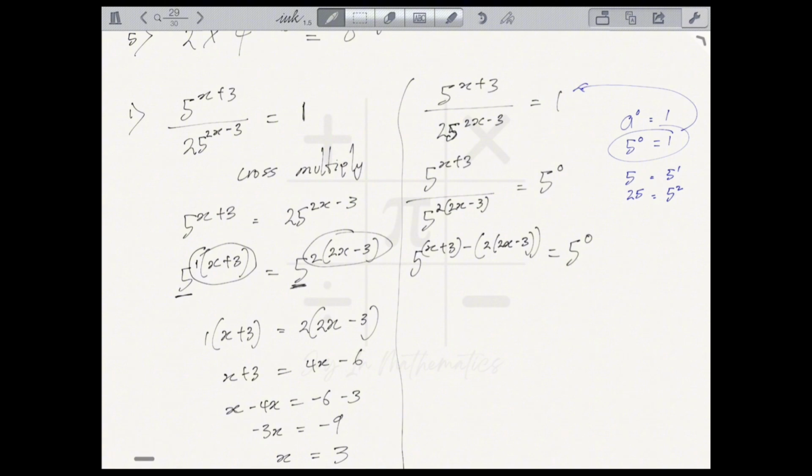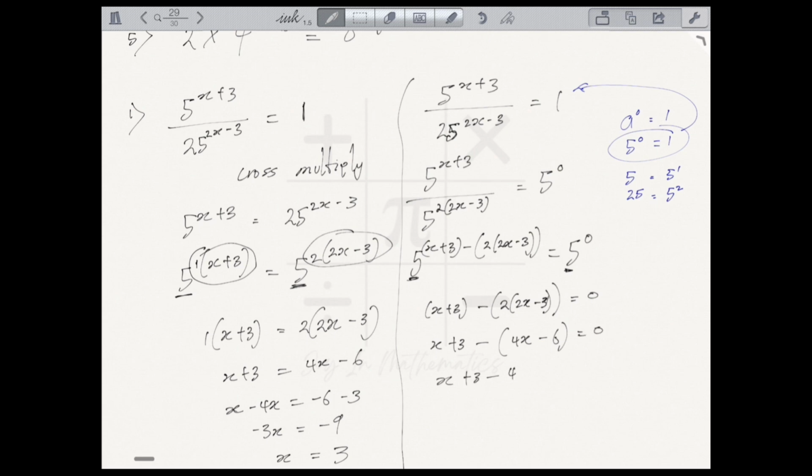Now with that done, we have the same base, 5, 5. Therefore we can equate the powers. So the power says x plus 3 minus 2 into 2x minus 3 is equal to 0. So let's simplify now. We have x plus 3 minus 4x minus 6 is equal to 0. Let's open the bracket with the negative.